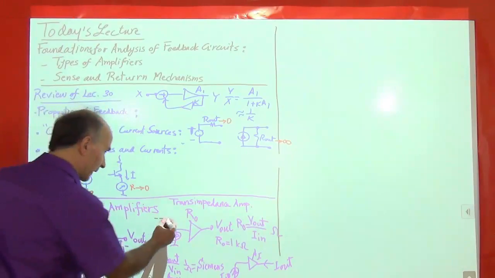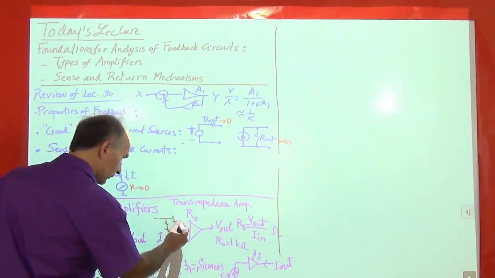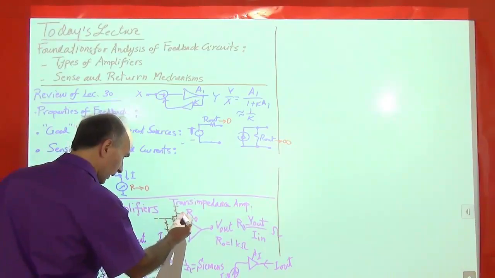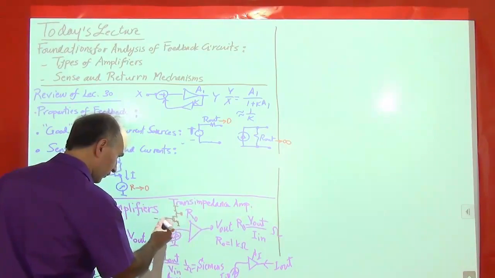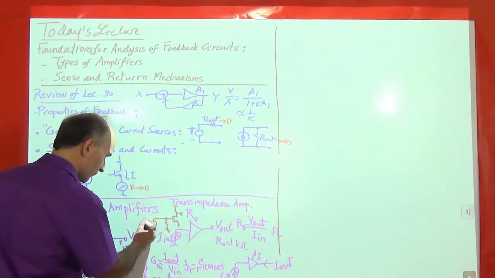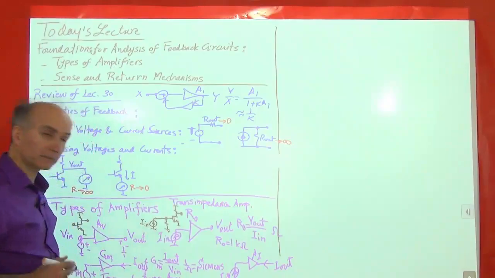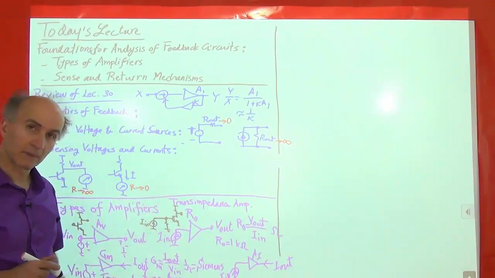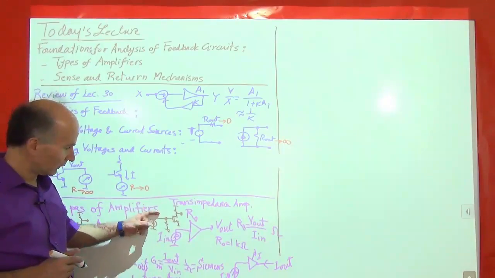Sure, I can connect this to a common emitter or common source stage and then declare this as the output voltage. Do you agree that this circuit is this? We have a current. We allow the current to flow through a resistor.